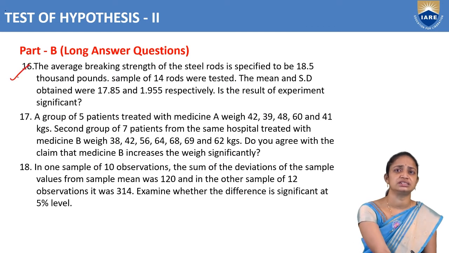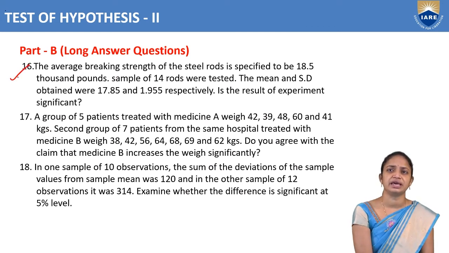Now coming to the 16th question: the average breaking strength of steel rods is specified to be 18.5 thousand pounds. A sample of 14 rods were tested. The mean and standard deviation obtained were 17.85 and 1.955 respectively. Is the result of the experiment significant?